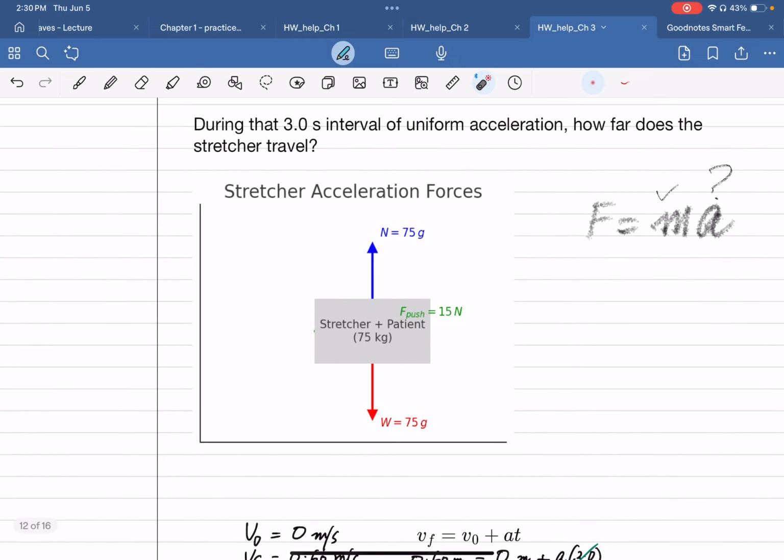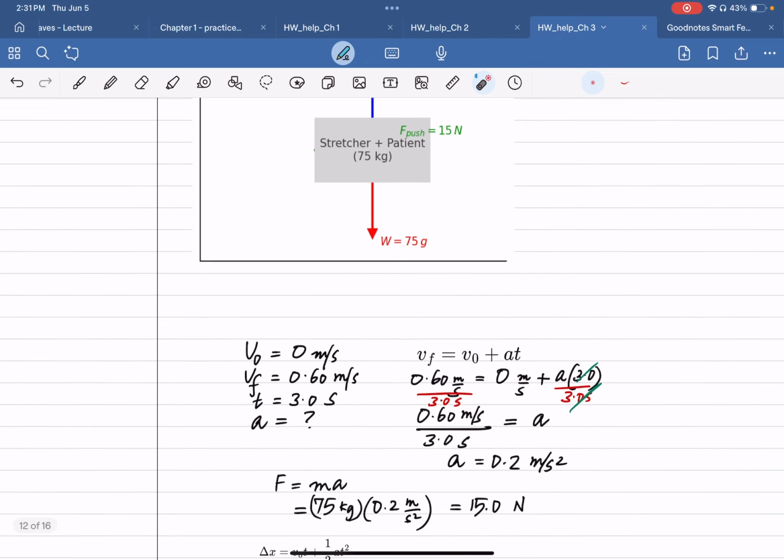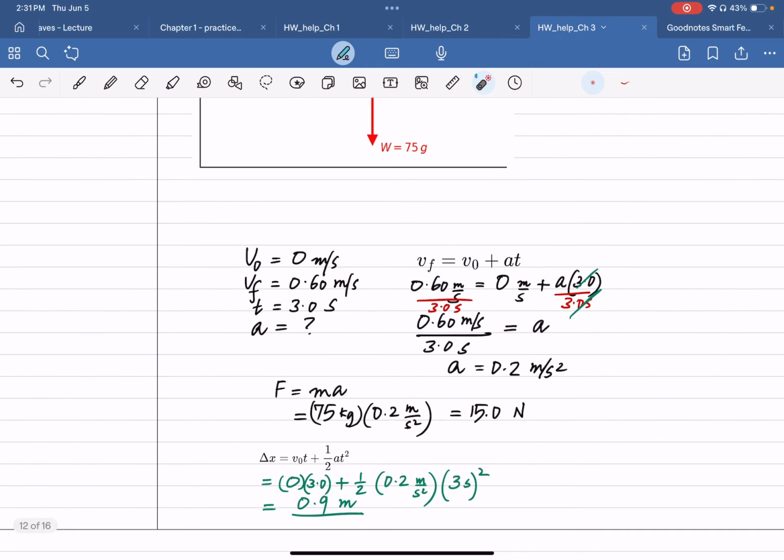Okay, so what's the second part? Second part says during that 3-second interval of uniform acceleration, how far does the stretcher travel? So what are we looking for now? The distance, delta x. Let's find it using kinematics. This formula: delta x is v naught t plus 1 half a t squared.